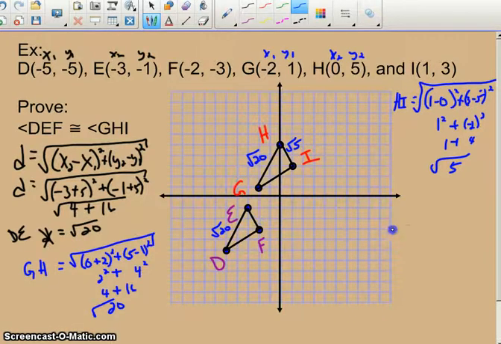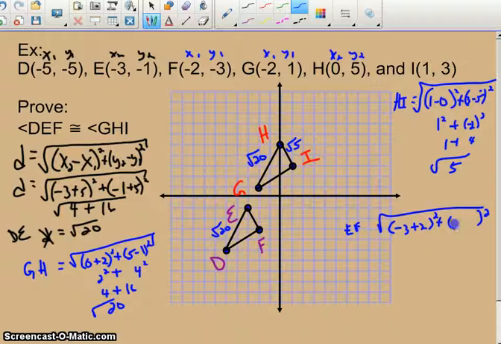And then this one here, let's do the same thing with E and F. So I'm going to label this x1, y1. So I'm going to have the square root, and this will be EF. I will have a -2 minus -3 and a -3 minus -1.